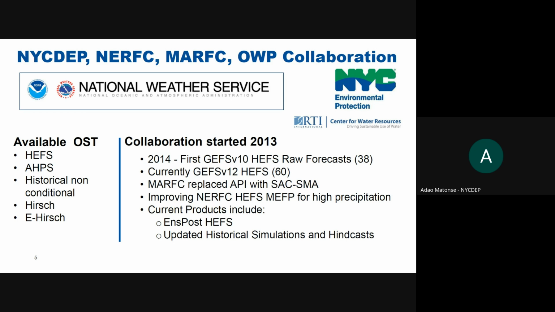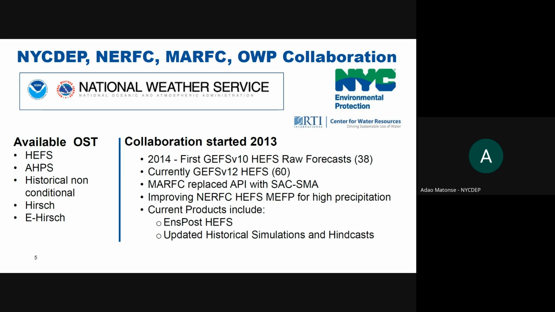That collaboration has continued since then until today, and I am happy for us to continue it. Currently, as a result of that collaboration, we are using GEFSv13 GFS with 6 traces. MARFC is replacing API with the Sacramento hydrological model for the HEFS forecast.